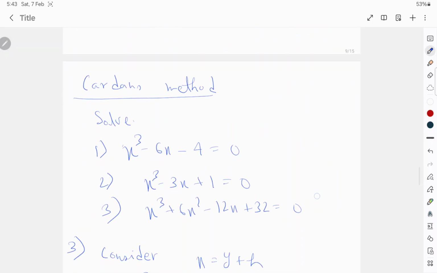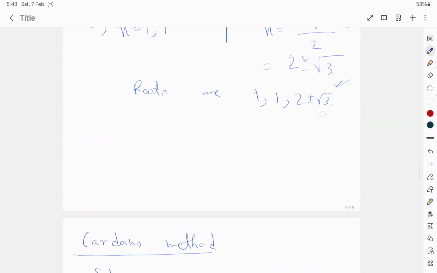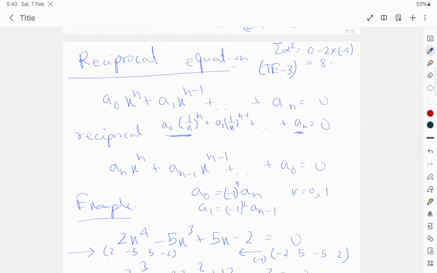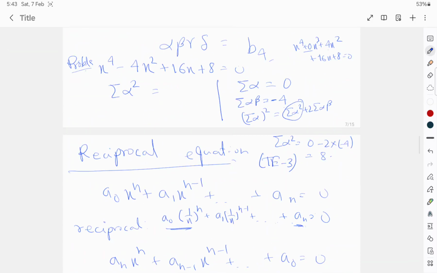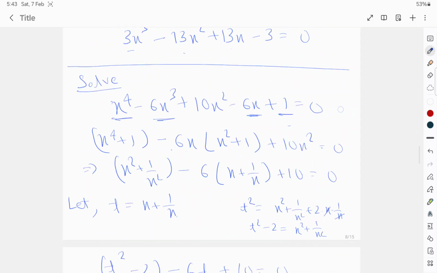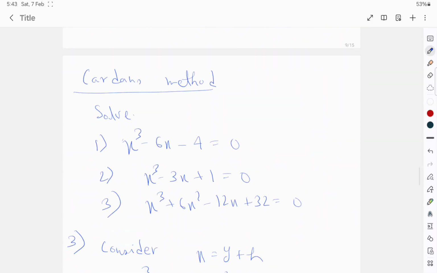Next is your Cardans method. So this is your T2, T3, right? Very important. Okay, now the next thing is, suppose I am doing T4. This is your Cardans method. Very important. One problem is sure to come from the Cardans method.